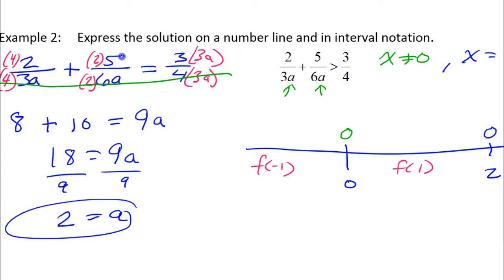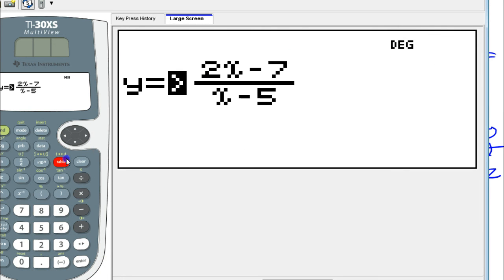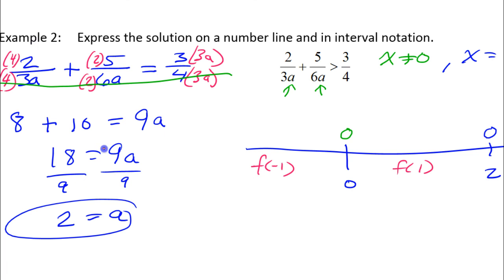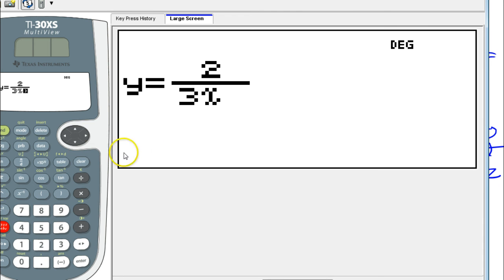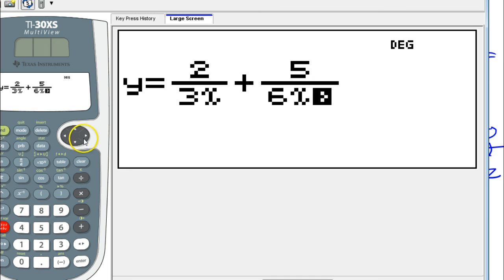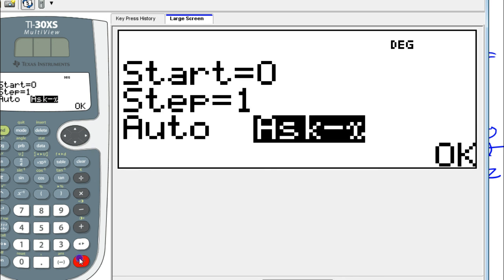I'm going to use my calculator to help me out. I'm just putting the left side of the inequality in: 2 over 3x plus 5 over 6x. I'm using x instead of a. Make sure your calculator's in Ask X mode.